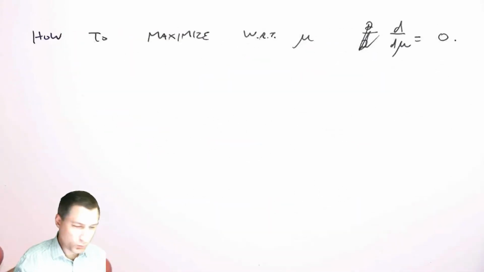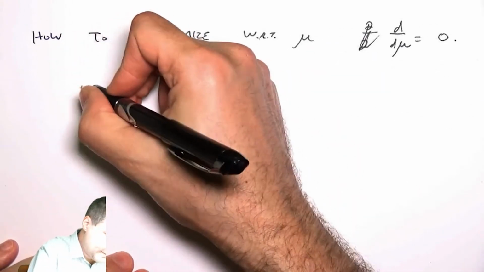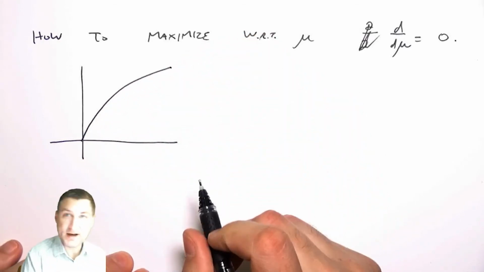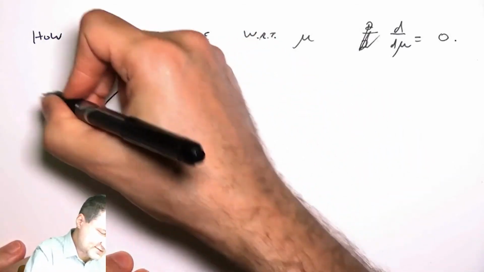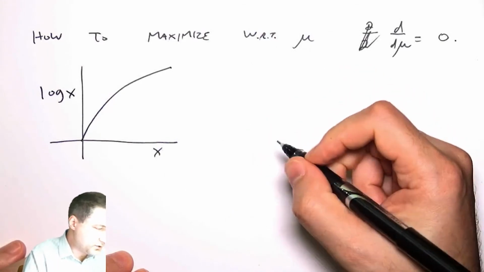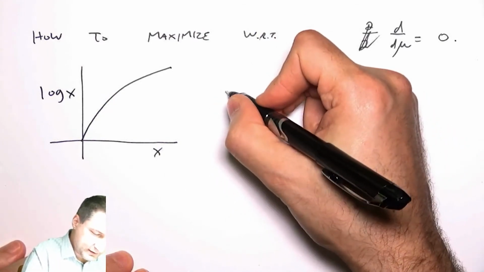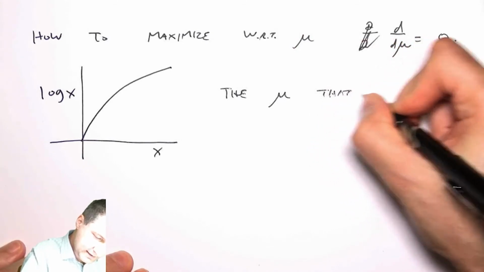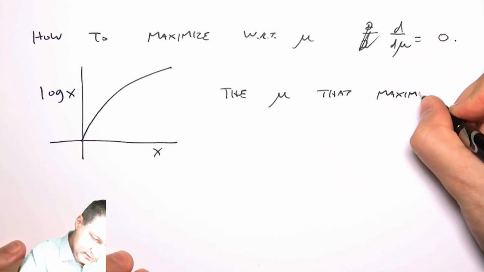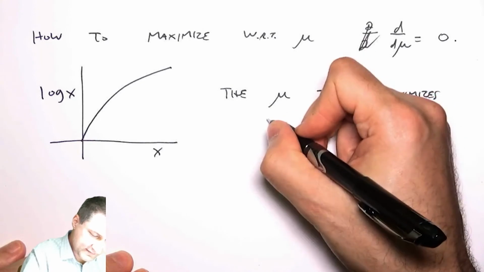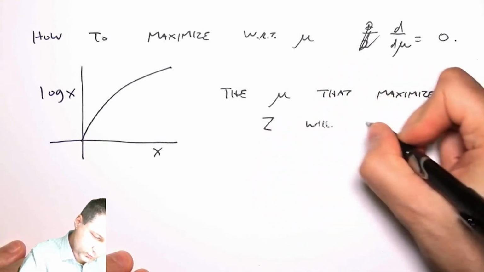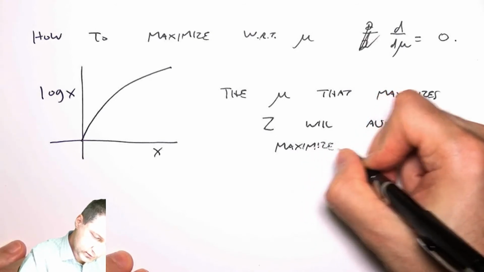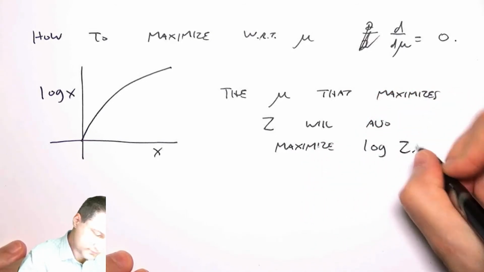But one thing to realize is that if I think about the log function, right, the log function looks like this. It's basically monotonic. And so this is x and this is log x. So the idea is that the mu that maximizes some value z will also maximize log z.